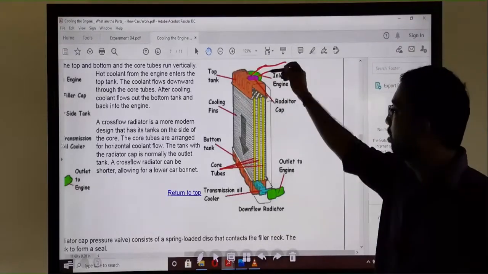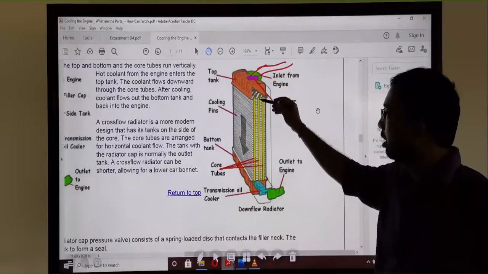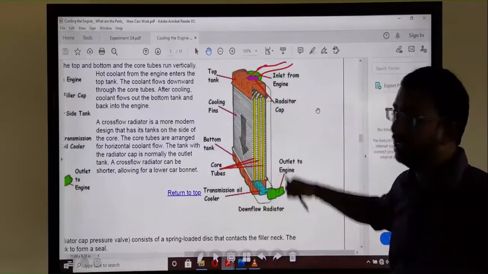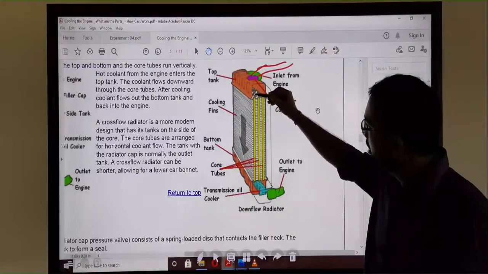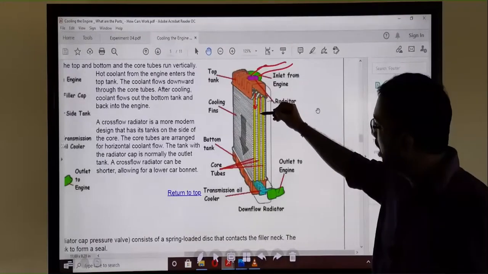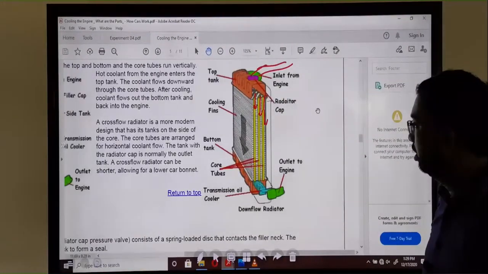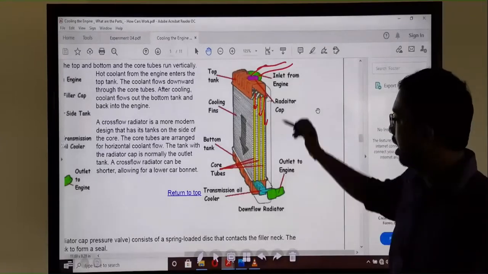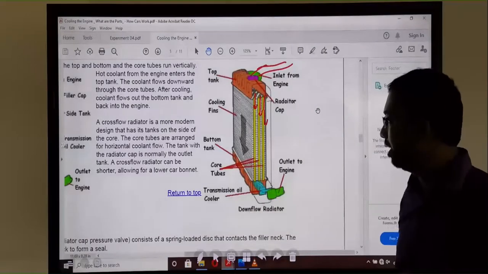So the coolant comes from the engine and is stored here, and then you can see there is a core tube, a thin tube. The coolant then travels through this pipe until it reaches the bottom tank.